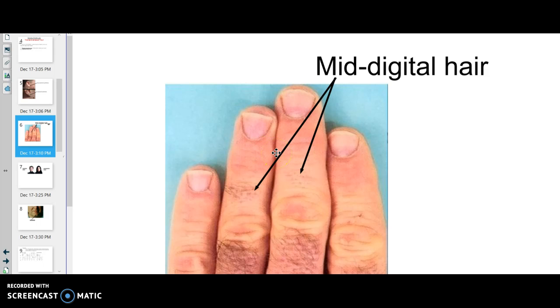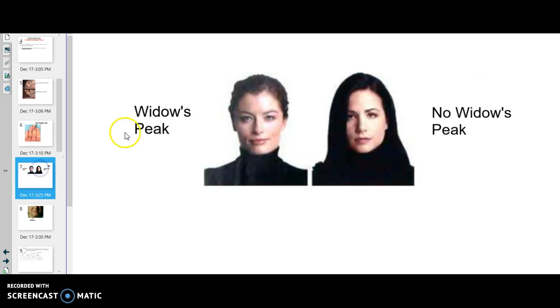You would look at the fingers here, and if you see dark coarse hair on that middle digit of your finger, then you have mid-digital hair. Next up is widow's peak. Widow's peak is that kind of V shape in your hairline that comes down. This is a widow's peak here. This is a straight hairline here, meaning no widow's peak.